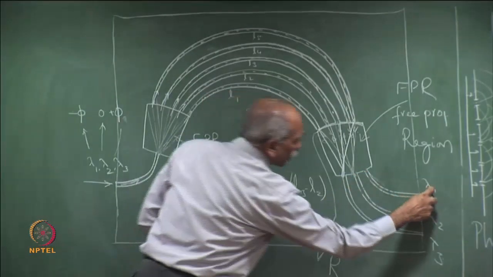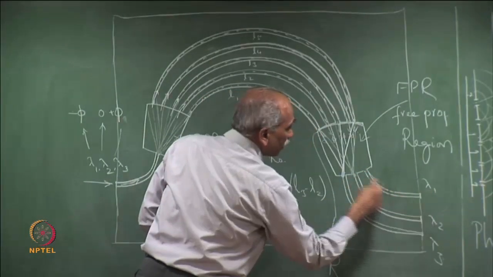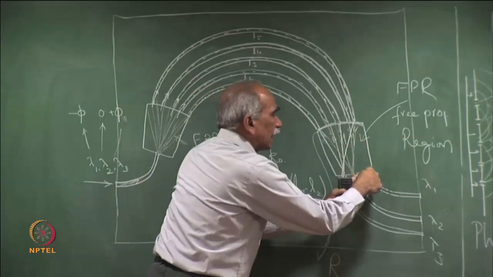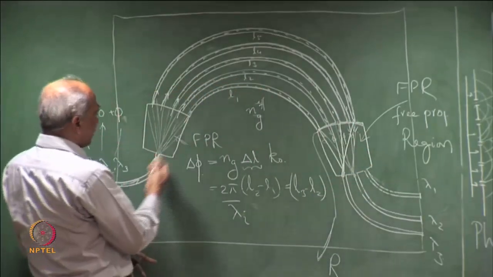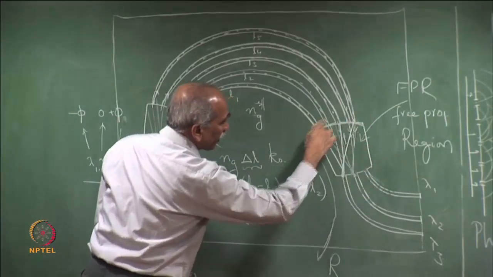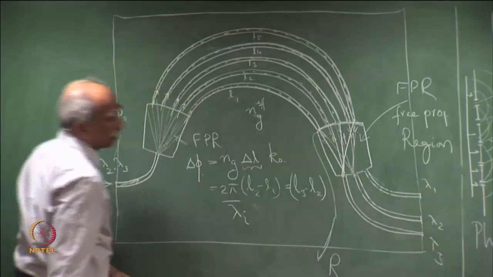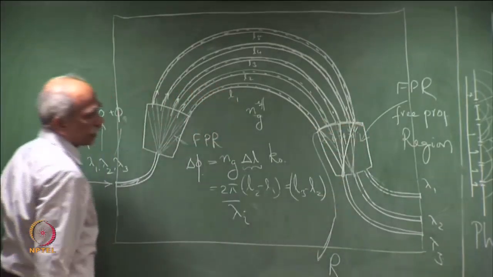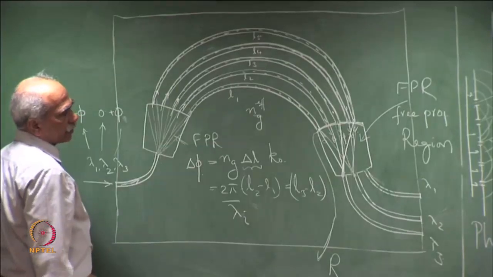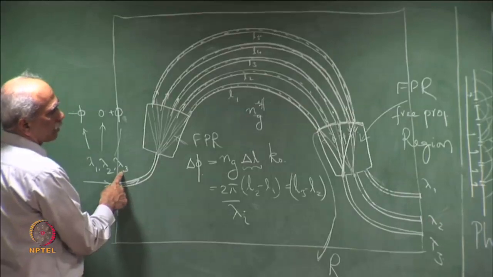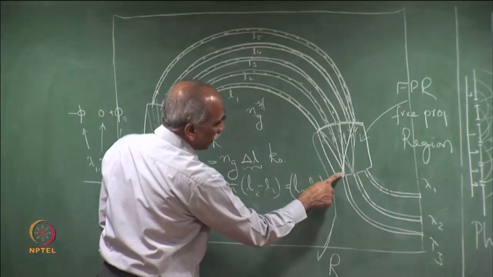Because there is a constant phase difference, it does not come straight, it comes at an angle. At the center wavelength lambda 2, all of them focus at the center of this radius of curvature. And at the third wavelength lambda 3, all of them focus here.